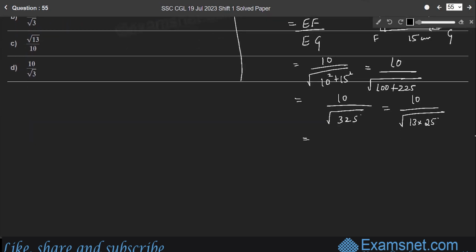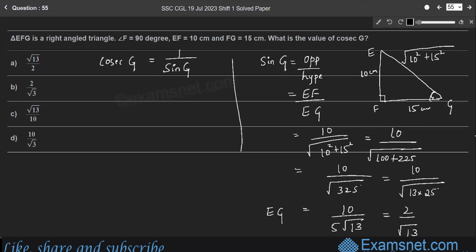So root 25 is 5. Therefore, we can write EG as 5 root 13. So 5 root 13 is the value of the hypotenuse, right?